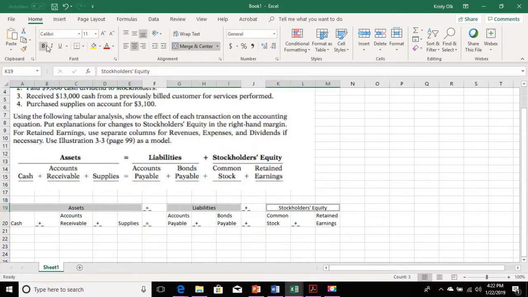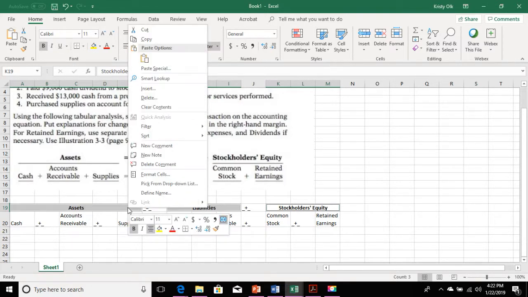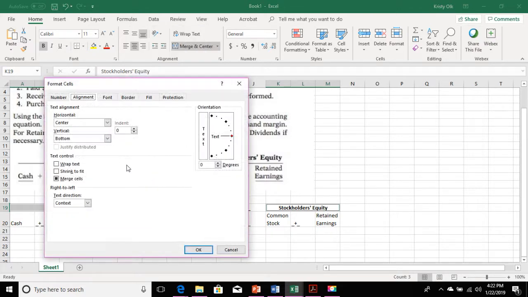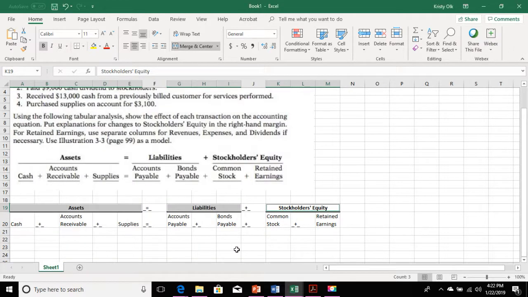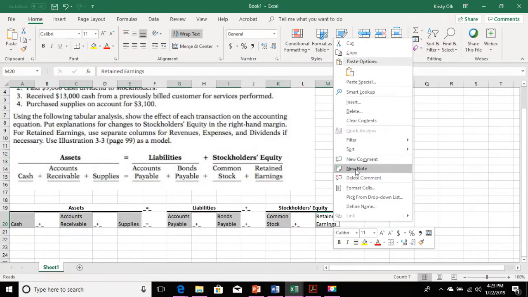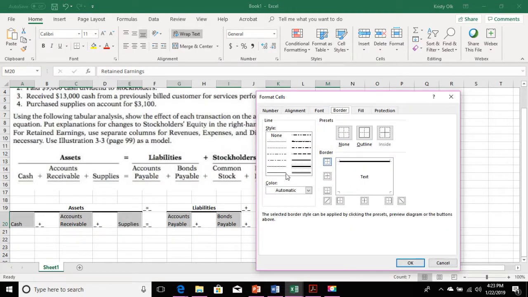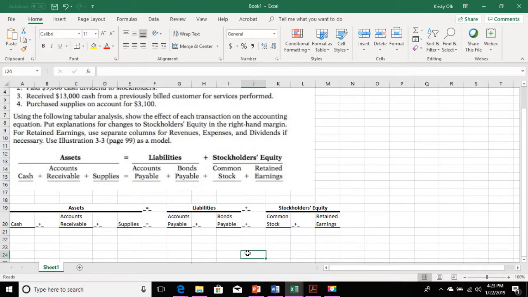Now, for the sake of pretty, I'm going to go ahead and bold these. I will also format my cells to provide a border on the underside. I'm going to then give these cells a border, not quite as thick, on the underside of those.